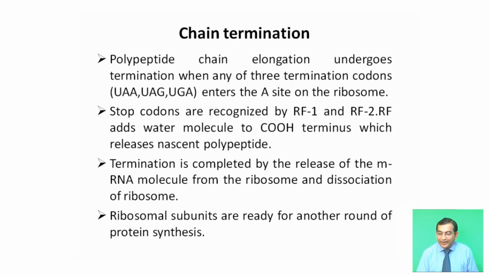Release factors add a water molecule to the COOH terminus, which releases the nascent polypeptide. Termination is completed by the release of the mRNA molecule from the ribosome and dissociation of the ribosome. Ribosomal subunits are ready for another round of protein synthesis.